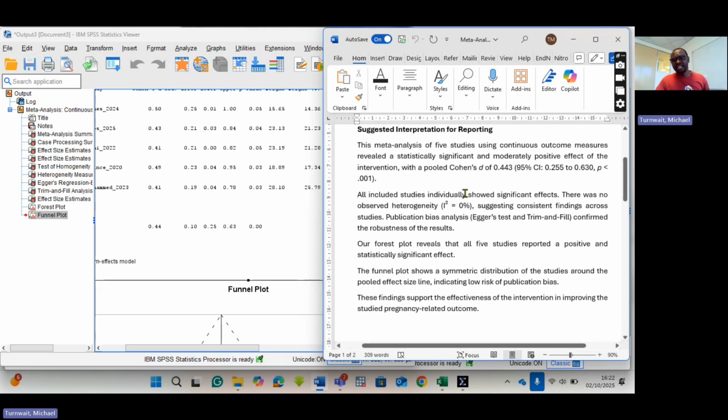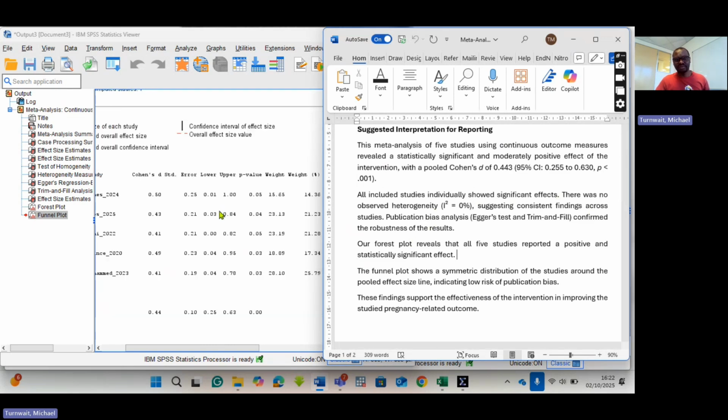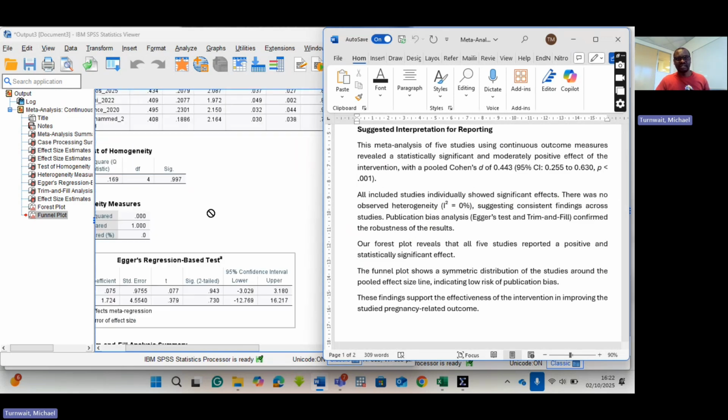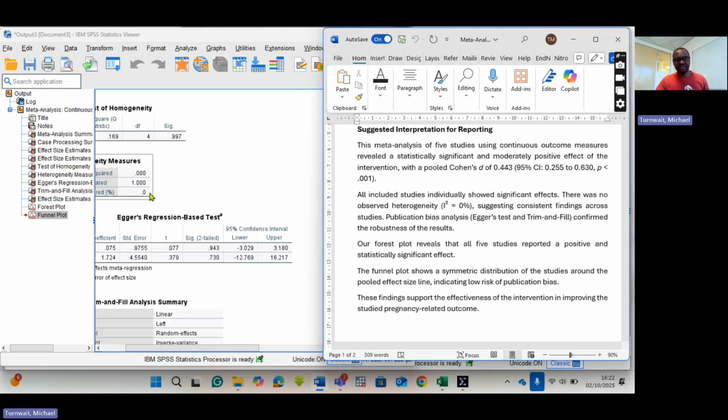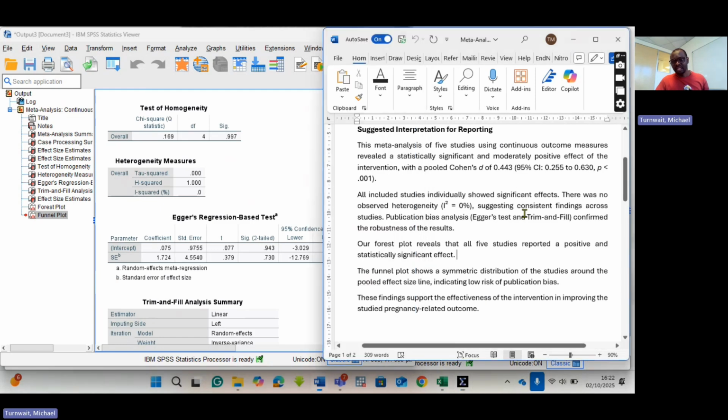All included studies individually show a significant effect. There was no observed heterogeneity, which equals 0%, this 0% which we have here, suggesting consistent findings across studies.